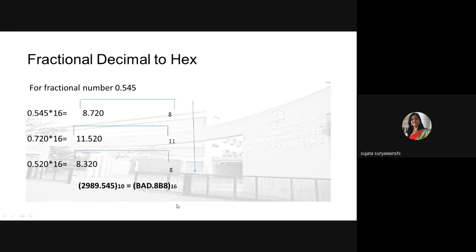This is your decimal number, and convert it into the equivalent hex number. Ma'am, please repeat the number. The number is 15.25.